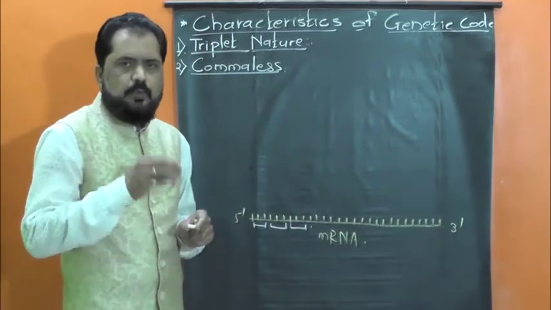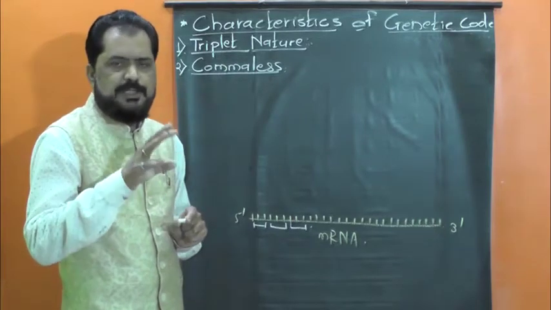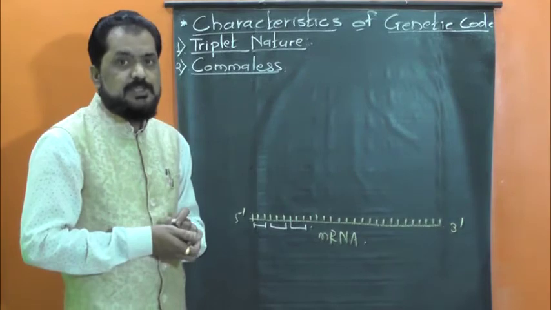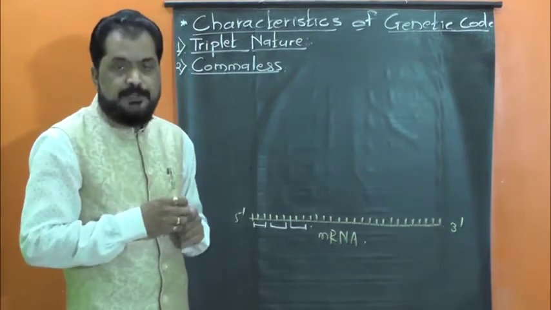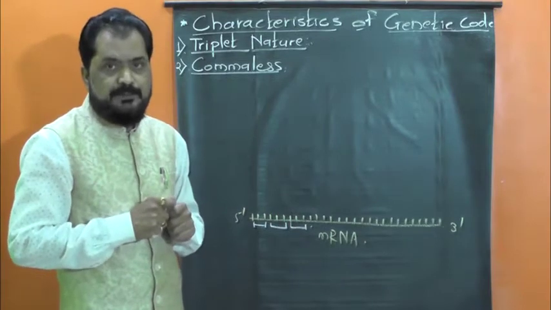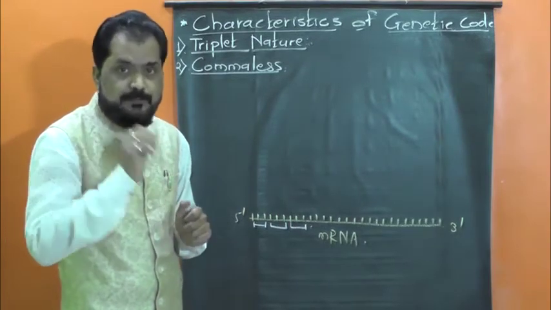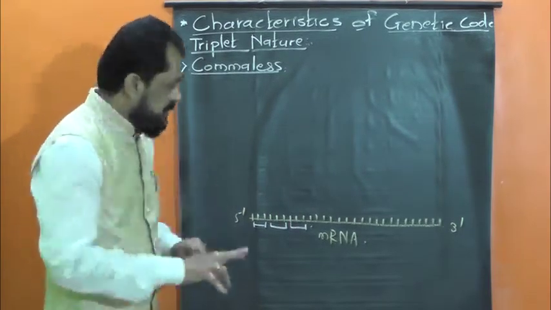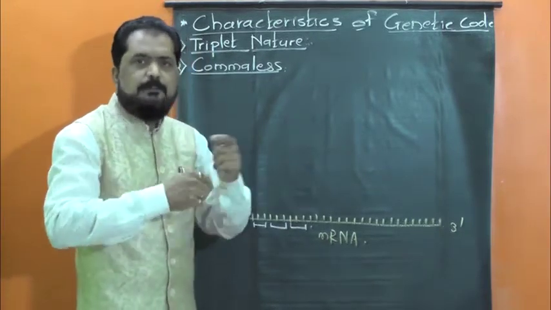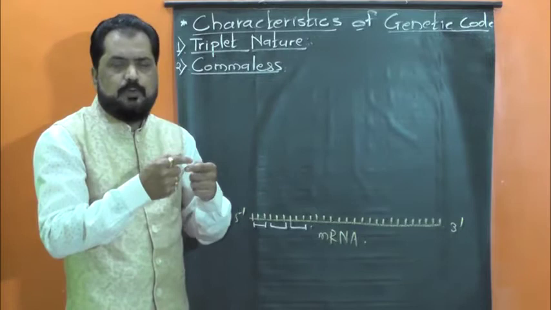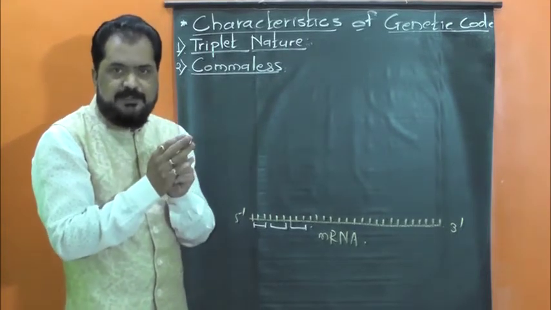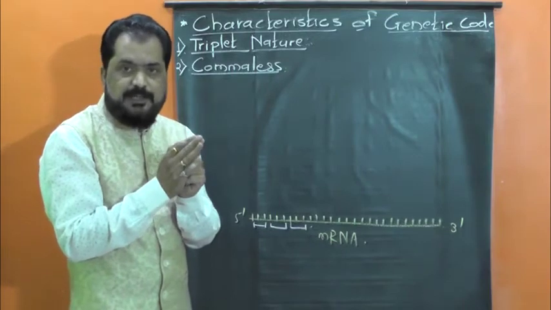Commaless. The codons or genetic code is commaless, means there is no comma, there is no pause, there is no gap, there is no punctuation, there is no space between two successive codons. एका पाठोपाठ एक येणाऱ्या कोडॉन्सच्या मध्ये कुठे कॉमा नाहीये, कुठे स्पेस नाहीये, गॅप नाहीये. याचा अर्थ काय?